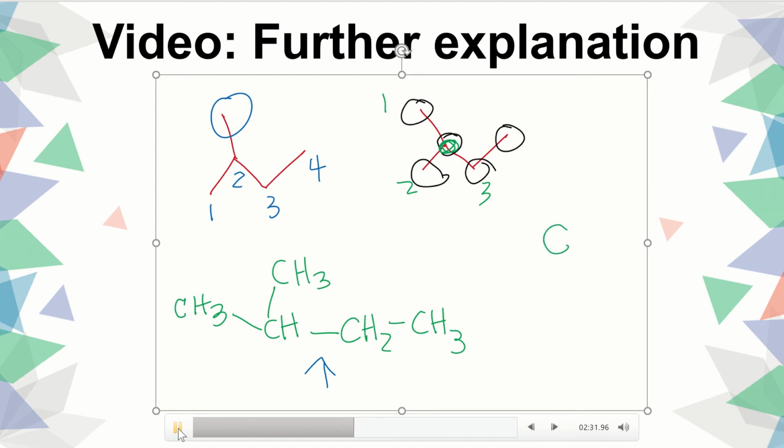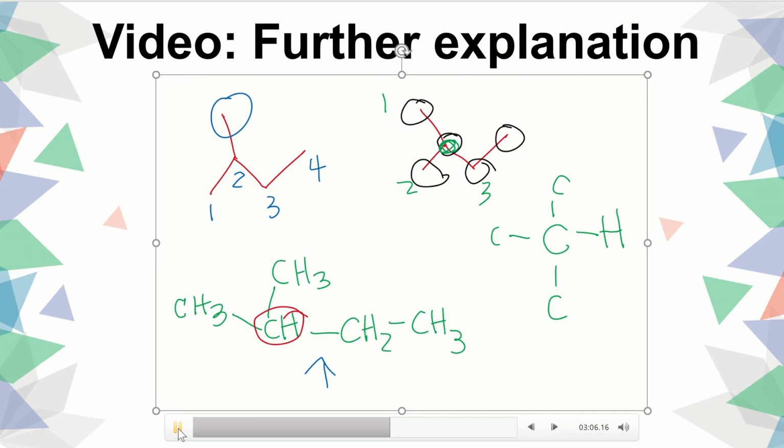Every carbon, as we know, has 4 bonds. So if 3 bonds represent bonds to other carbons, then the 4th bond must be a hydrogen, as seen down here. And let's look at one of the end carbons, which we refer to as methyl.